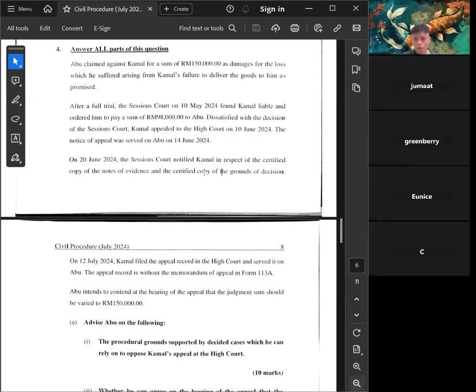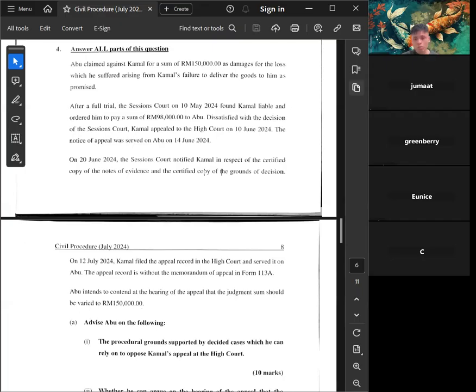The reason I want to emphasize this is that the word shall in a statute carries a heavier weight than must. It means a mandatory requirement. Since Kamal has failed to include the memorandum of appeal, he has contravened Order 55, Rule 4. This is our first objection.